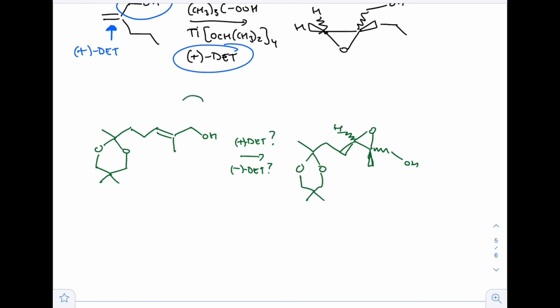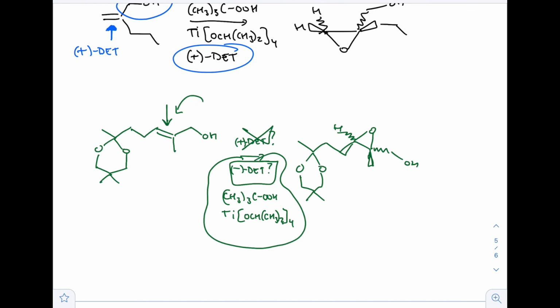Now remember, negative means we're coming down, right? So we're coming down, and that oxygen sits right on top of that alkene to give that stereochemistry right there. And so we use negative diethyl tartrate, as well as our tert-butyl hydroperoxide and our titanium compound. So there you have it.